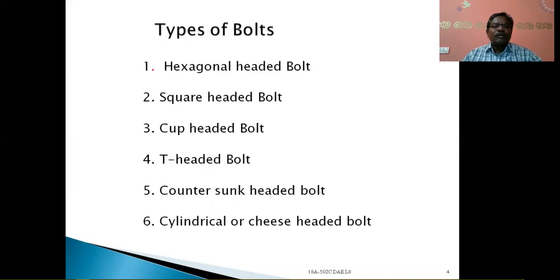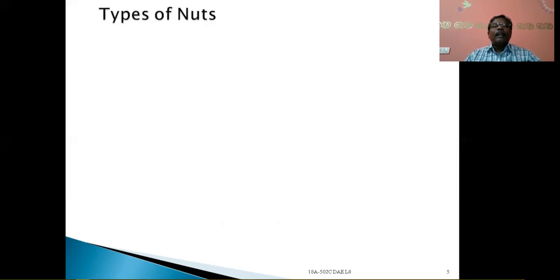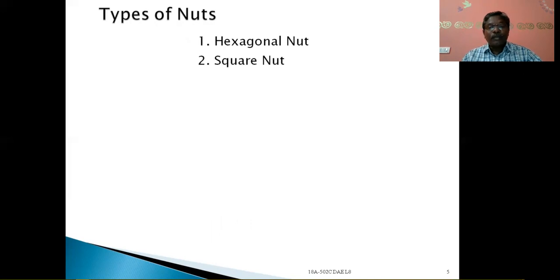And in the machinery field also, along with these different types of bolts, we also use different types of nuts. Hexagonal nut is the most common type, and also square nut. Then some special purpose nuts are there which we use wherever we need.